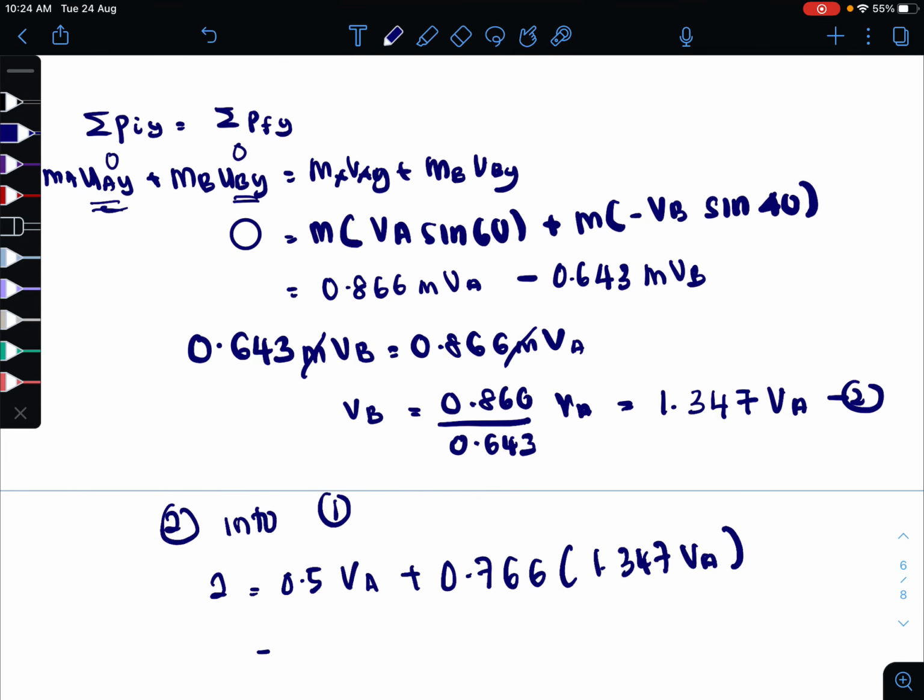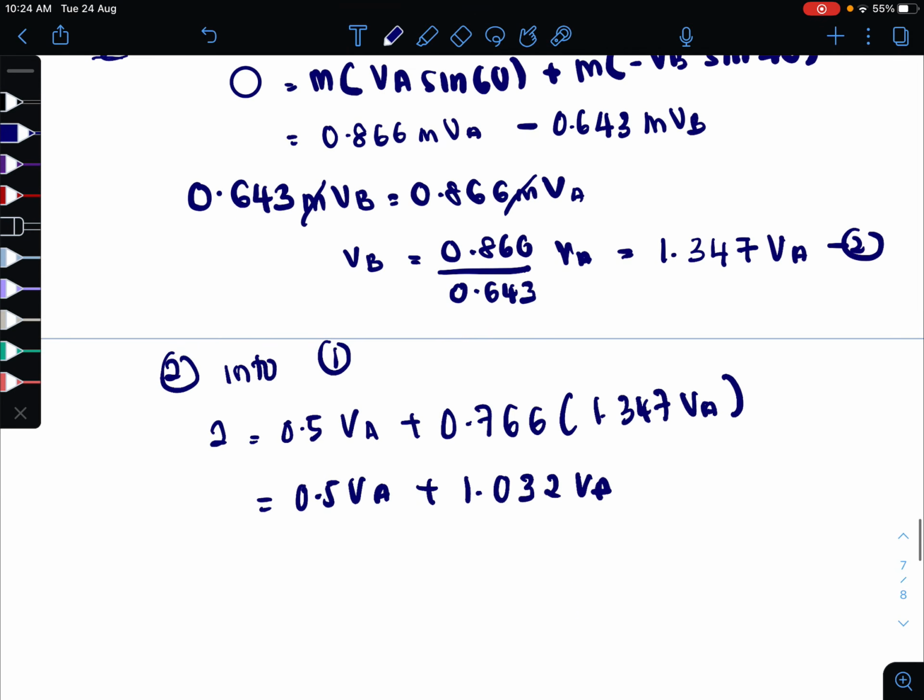You will end up with 1.032 VA. And then you're going to plus with 0.5. You will end up with 1.53 VA. Alright, so 2 divide with this one, you're going to end up with VA kamu sebanyak 1.31 ms negative 1.